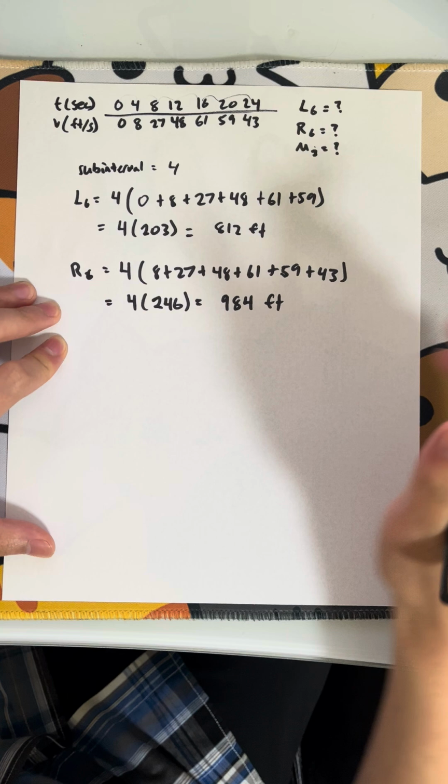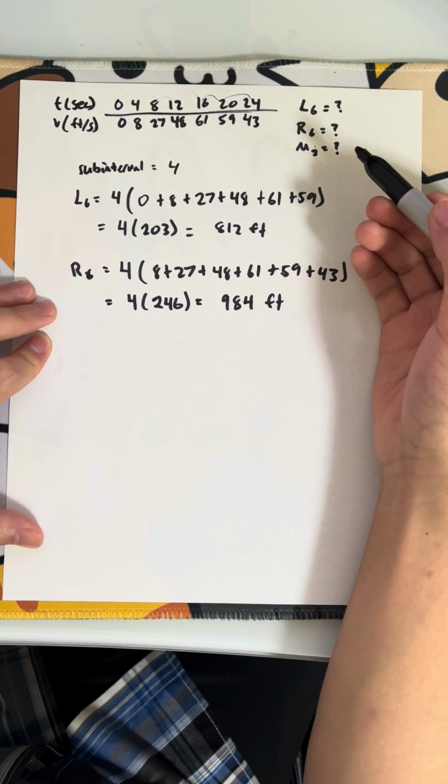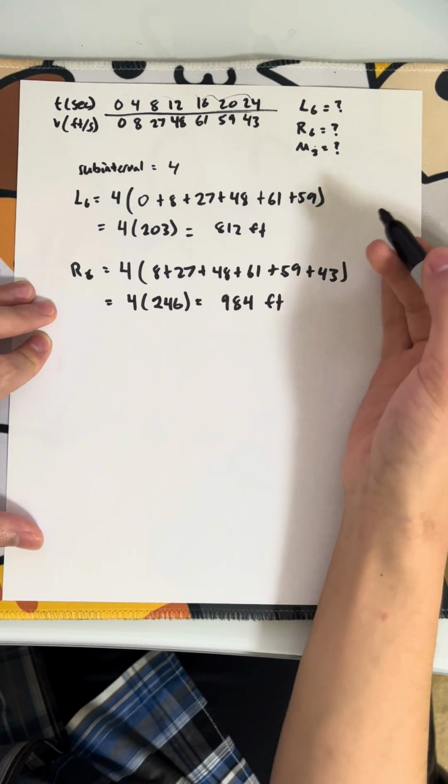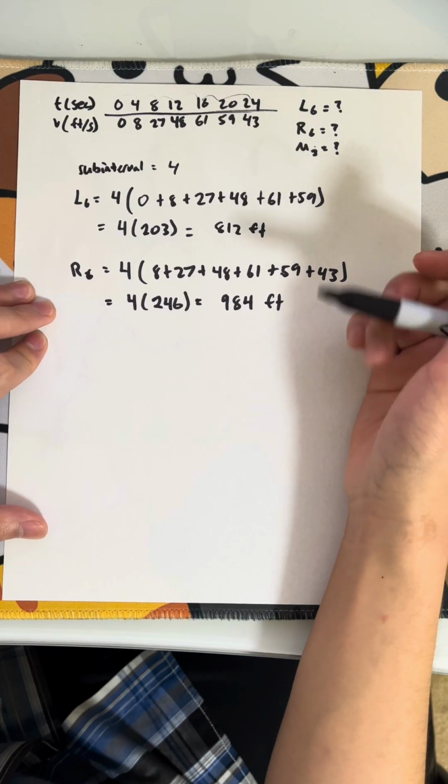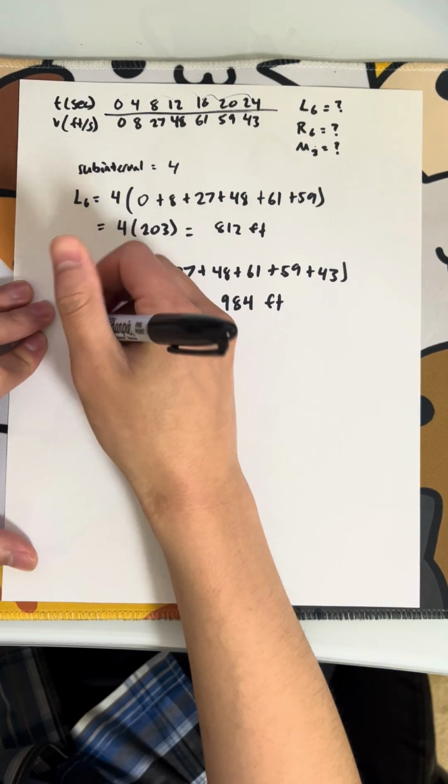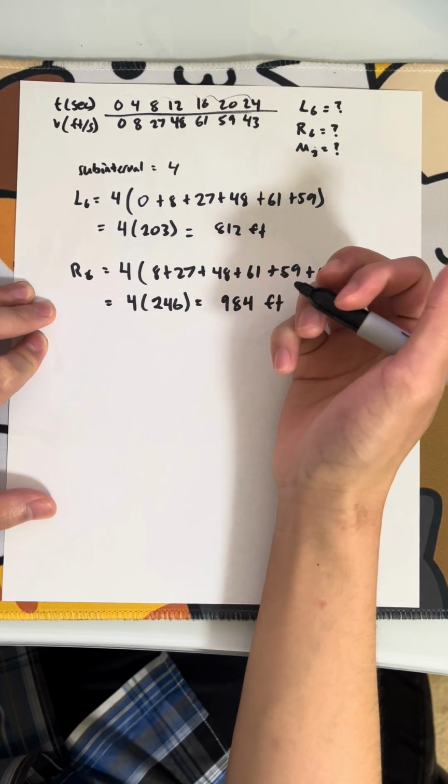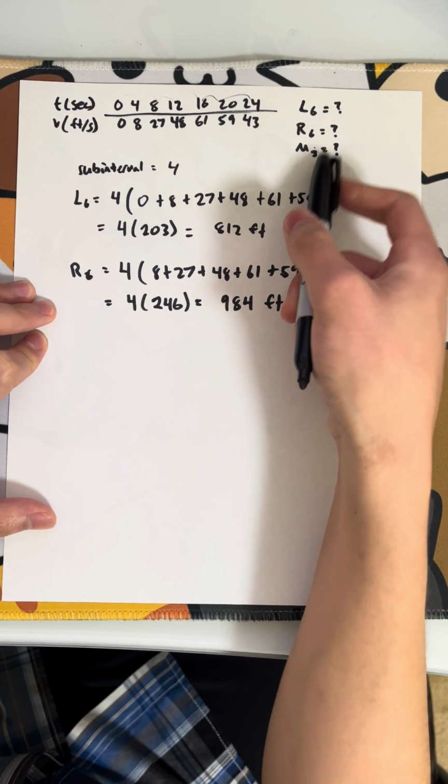And now, lastly, we want to use the midpoint of each. We want to find the midpoint Riemann sum, so we want to find the subinterval now. Since it's not 6 anymore, it's 3.